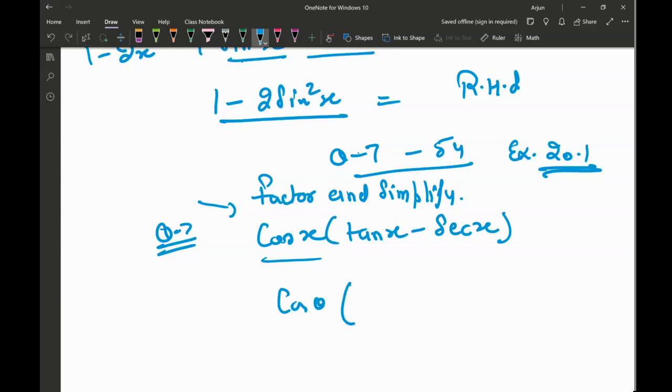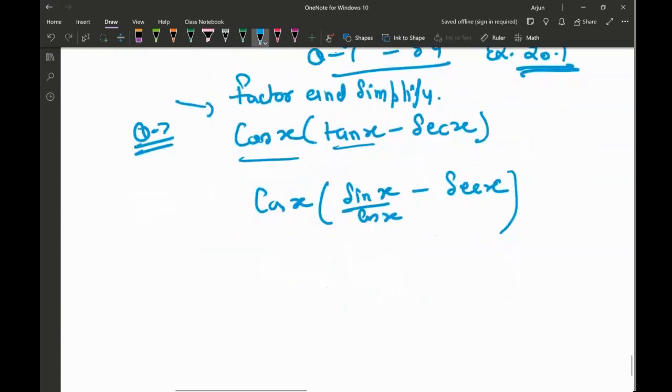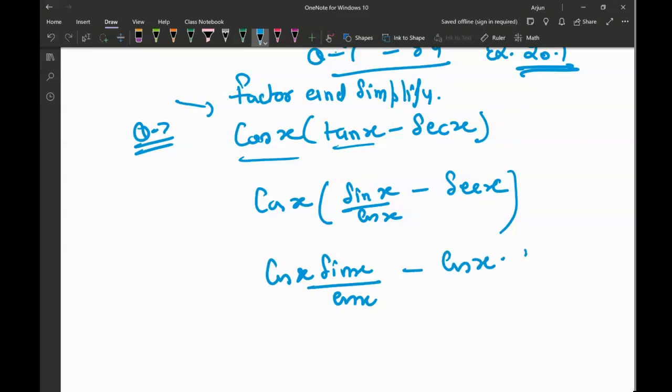So I can write tangent x as sine x upon cos x, and then cos x times secant x. Now I will just distribute it. Cos x times sine x upon cos x minus cos x times secant x, and then cos x cancels out.